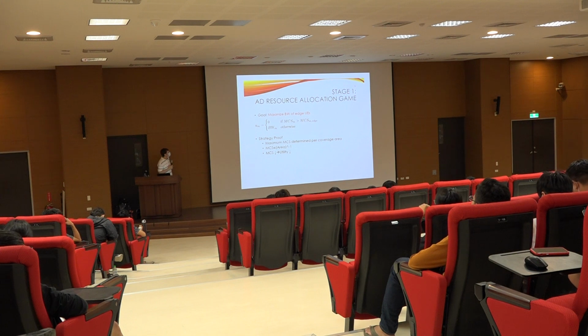So in this case, we then go back to the first stage and ask, what happens here? MCS, the modulation and coding scheme, corresponds to your coverage area. Higher MCS means higher capacity per resource block, but a smaller coverage area. So essentially, the MCS is proportional to the inverse of the area.